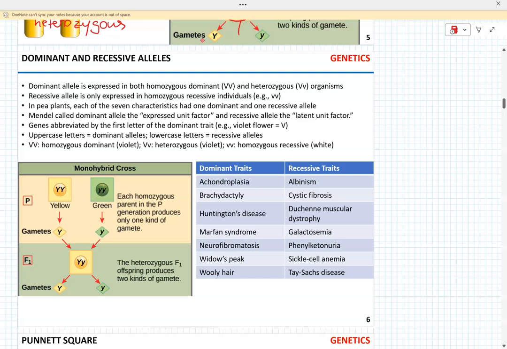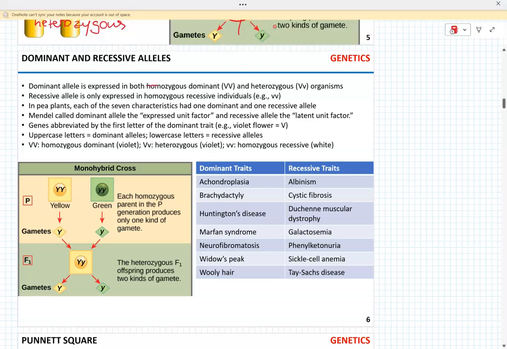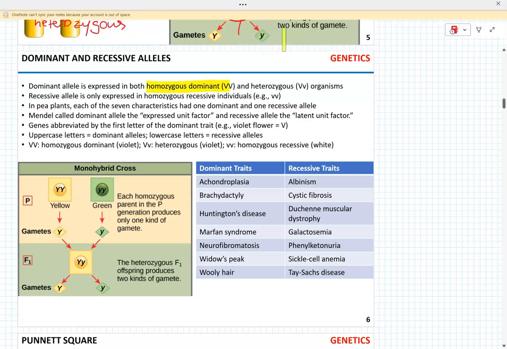So that means that dominant alleles are expressed in both homozygous dominant organisms, organisms that have two dominant alleles, and heterozygous organisms.